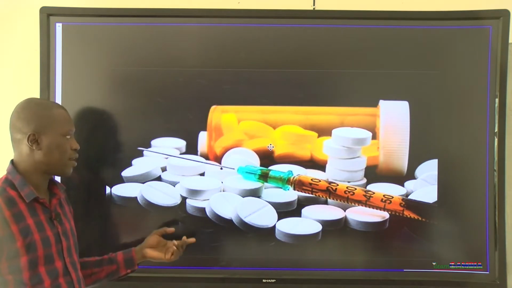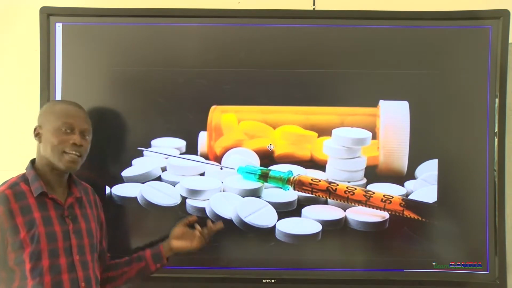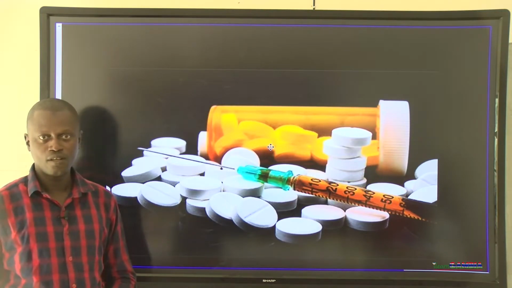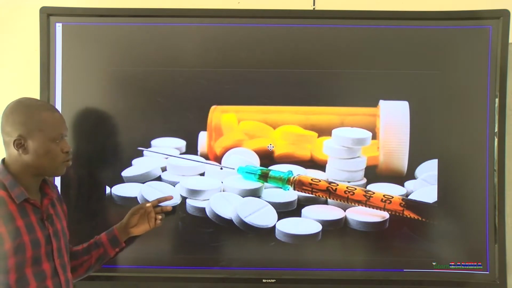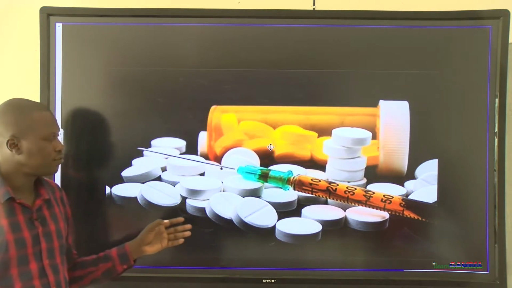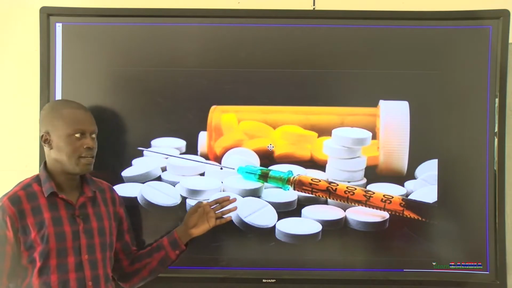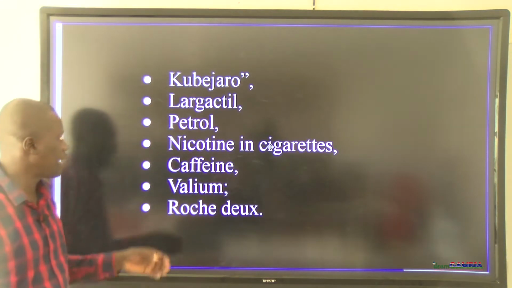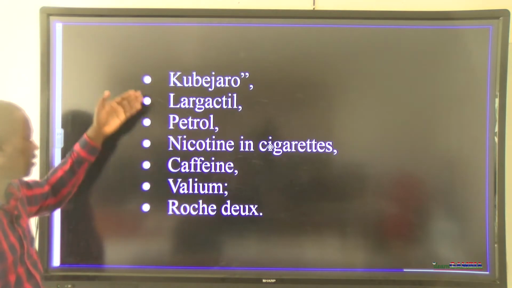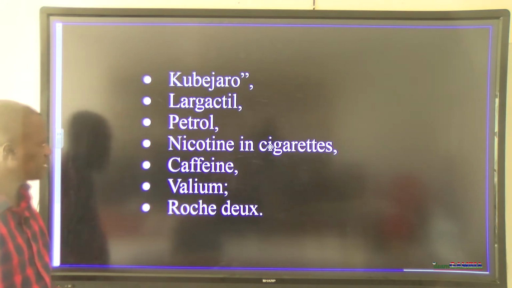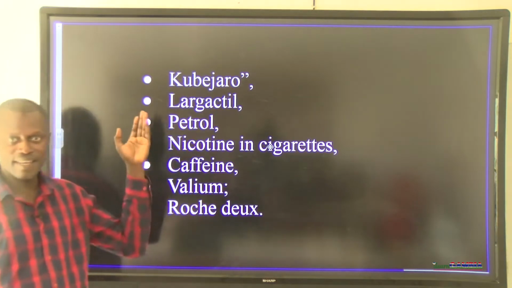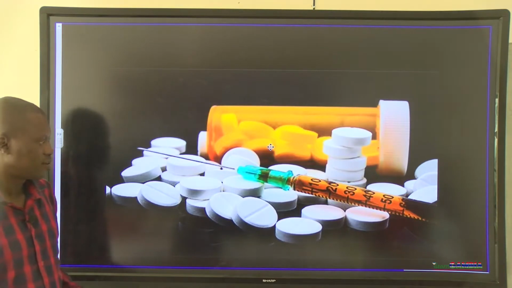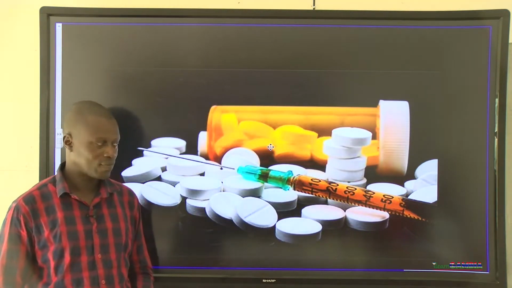We will describe that act as an abuse, the wrongful use of drugs. So abuse is not just focused on the harmful ones I named before, like you can see, the kubejara, the petrol, the lactil, the nicotine, the cocaine, the heroin, etc. It's not only confined to those ones.